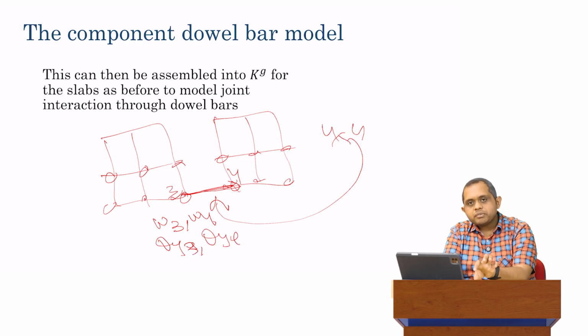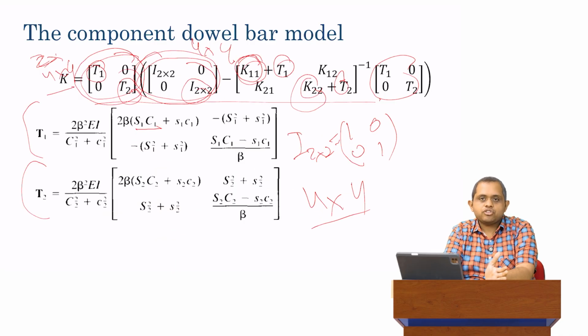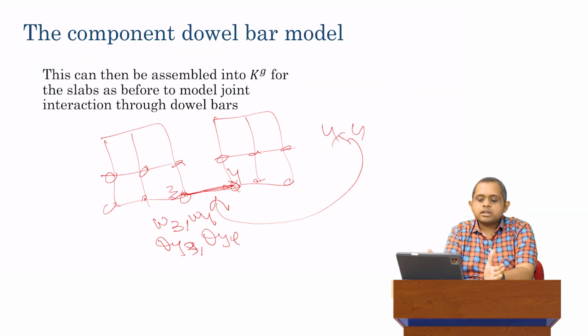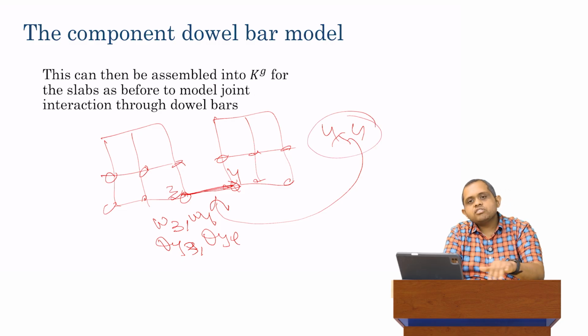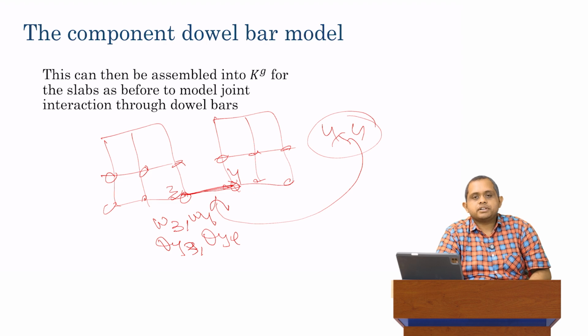Just that the stiffness matrix which defines the physics of the connection is a fairly complicated one, which is the one over here. But again, it's been implemented in a computer model already, so it doesn't really matter how complicated it is. But it's fairly easy for us to take this 4 by 4 stiffness matrix and just assemble it into the global stiffness matrix at the corresponding degrees of freedom.